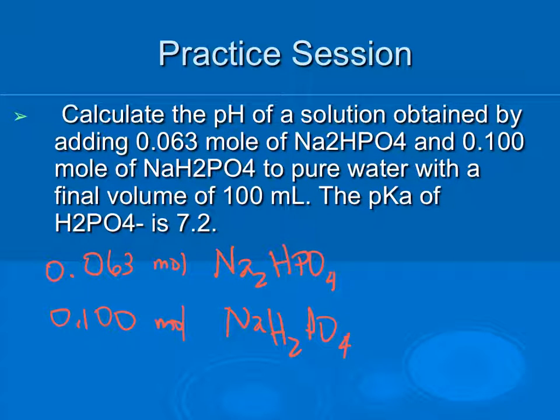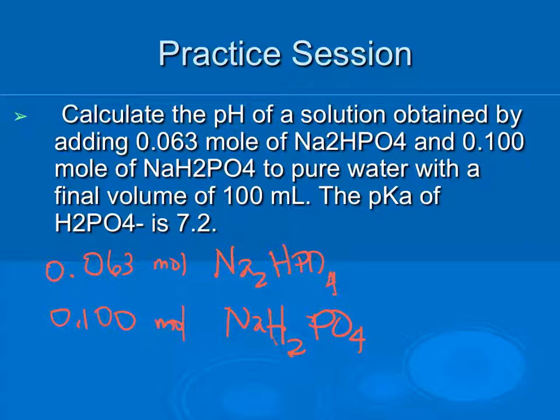Oh, whoops. That eraser is really, really big. They're not joking. NaH2PO4. Just trying to write that a little bit more neatly. So the question here is which of these is HA and which is A-.